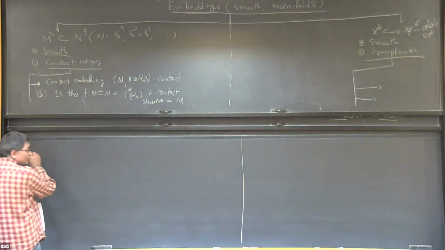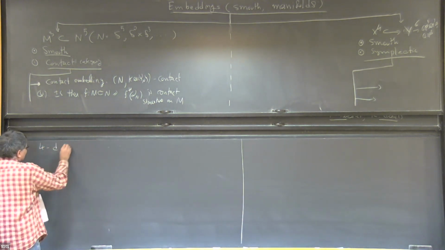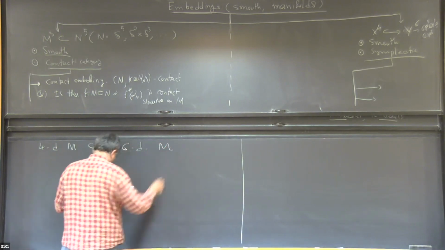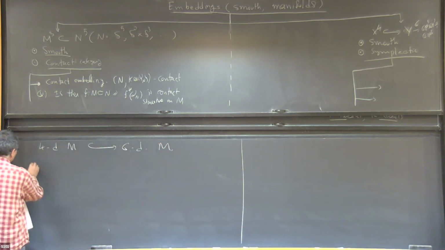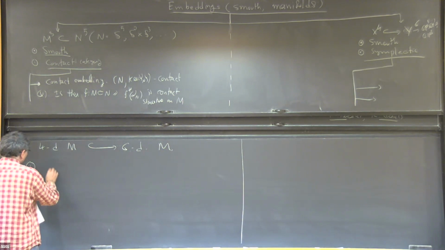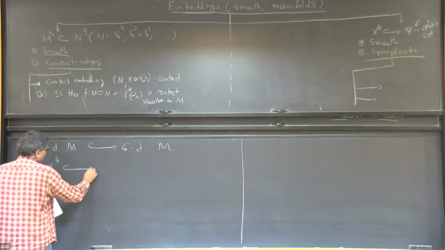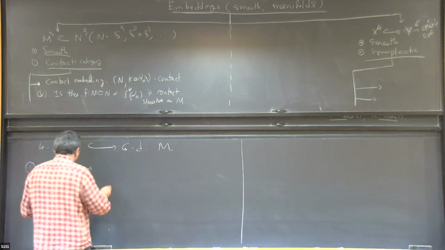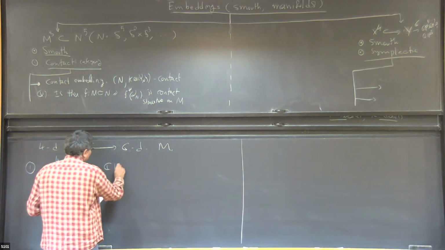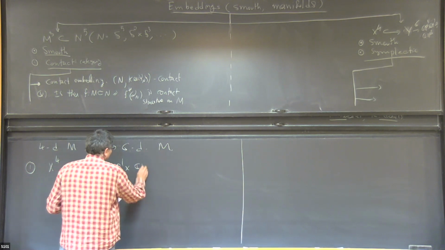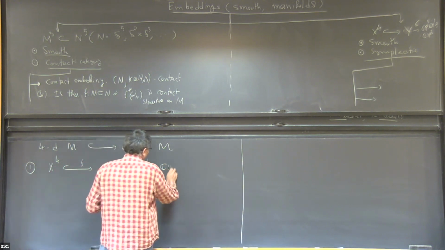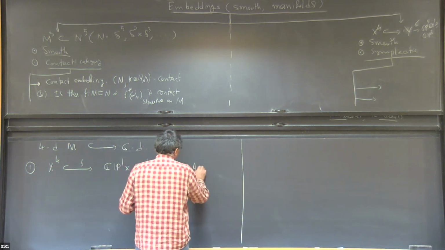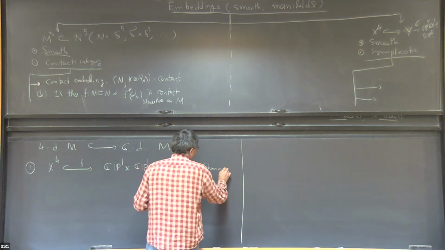So let me state now results about 4-dimensional manifolds inside 6-dimensional manifolds. The first is that any closed orientable X4 embeds inside this.